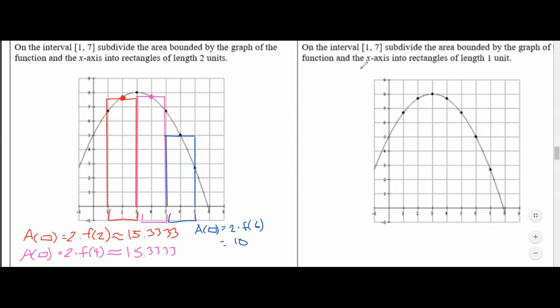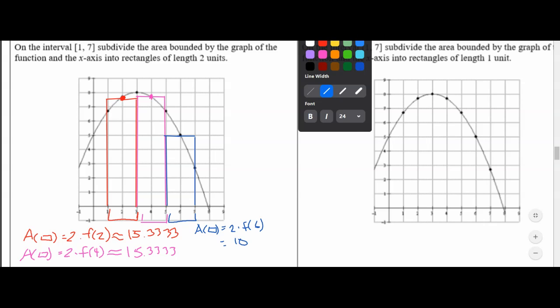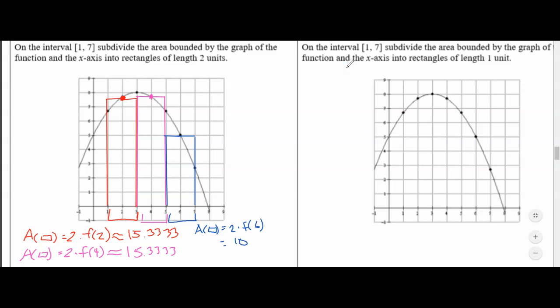If I add all three of those together, that gives me 40. Let me do this over here. You know what? Let me just do the whole thing. So again, this is our estimate of the integral from 1 to 7 of f of x dx.